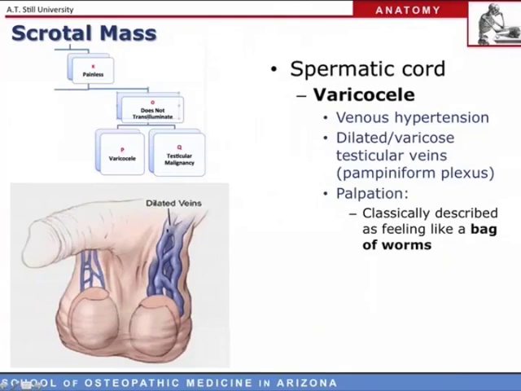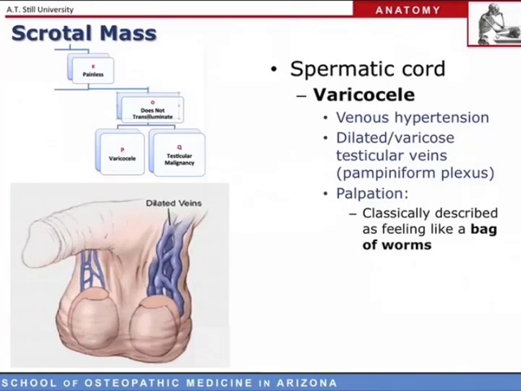And this is classically described on palpation as feeling like a bag of worms. Now let's look here and see that in this artist's rendition, it's in the left spermatic cord that the varicocele takes place, and that is more likely where that's going to happen.